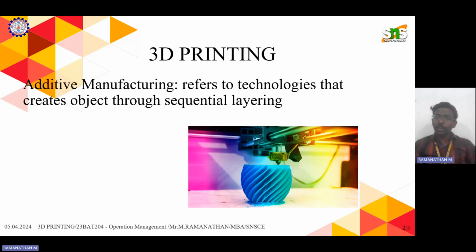That software will build that particular object with the material you have loaded in the 3D machine. Layer by layer, that particular object or product will be built. So this is what 3D printing is all about: a three-dimensional printing of an object or a product.